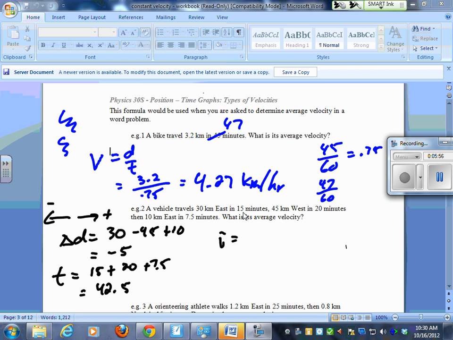And now hold on here. That's 42.5 minutes, isn't it? So what do I have to do? I've got to convert that. I've got to go 42.5 divided by 60.